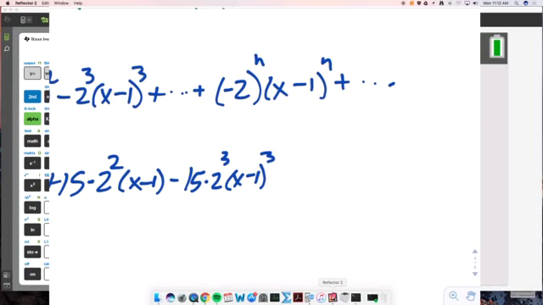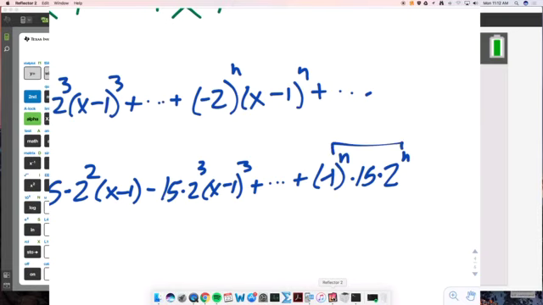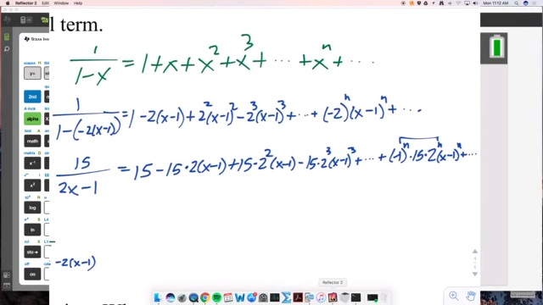And now I'll simplify the nth term, plus dot, dot, dot. I'm going to have my negative 1 to the n times the 15 times the 2 to the n. Okay, here's the splitting up of the negative 1 and the 2. And then the variable part, x minus 1 to the n, and then plus another dot, dot, dot. So I snuck it in there.